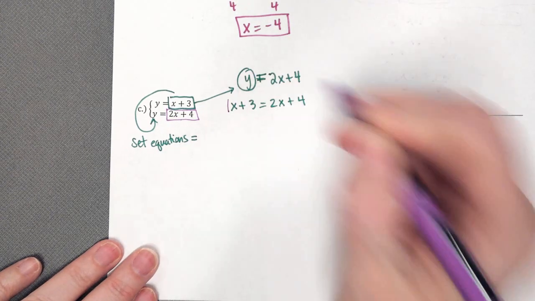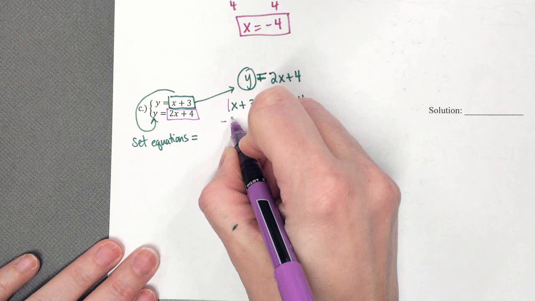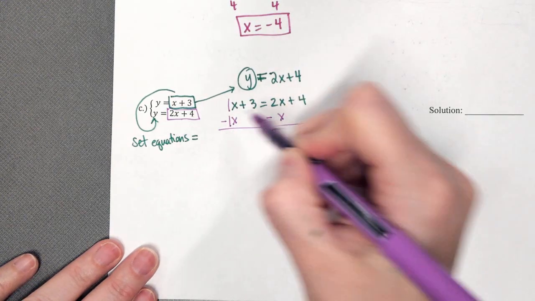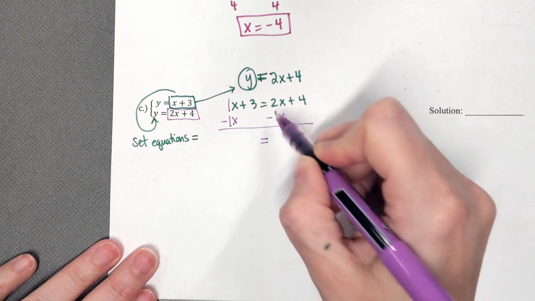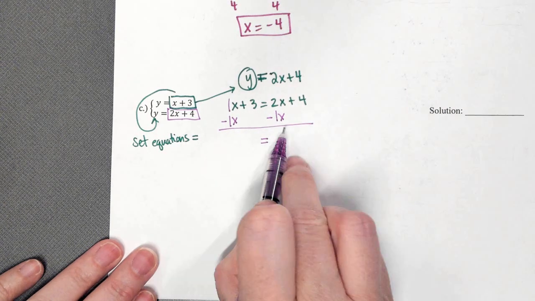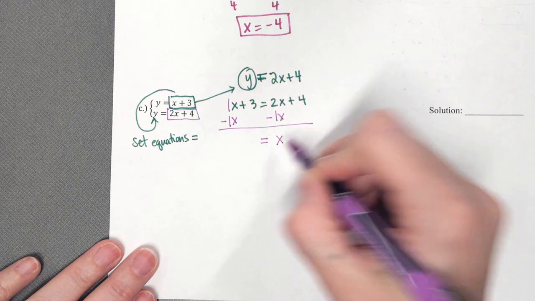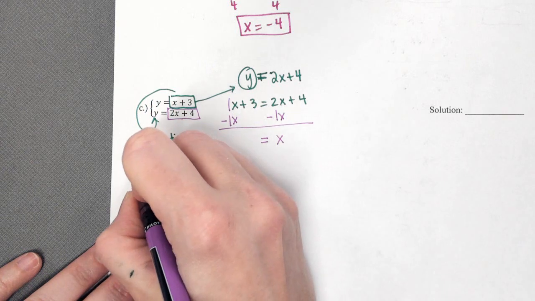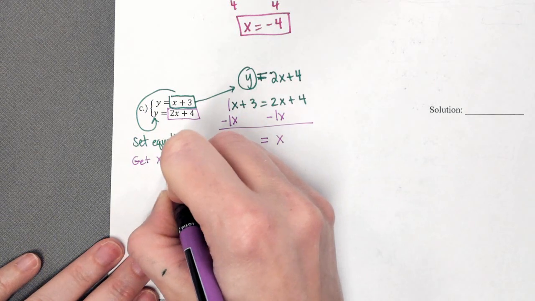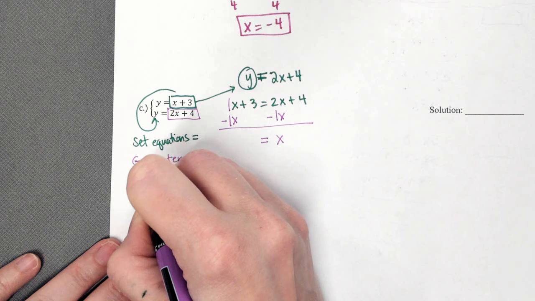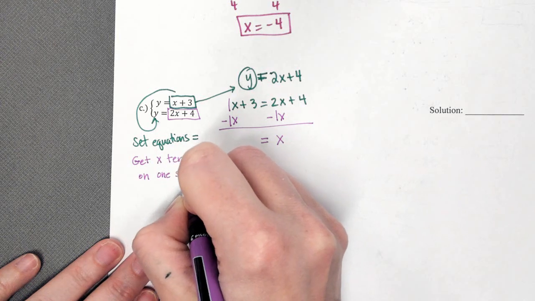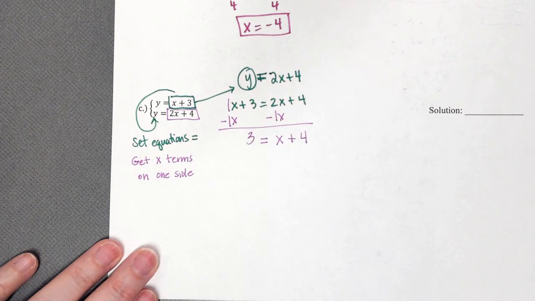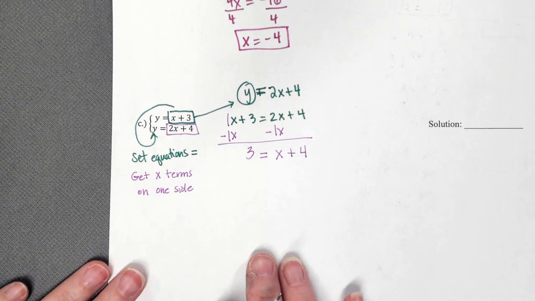But we know this number here is a 1, and then if you're subtracting 1x from both sides and you want to keep that number positive, you can move the smaller number to the larger number. Okay, so we're going to get the x terms on one side. And then after you get the x terms on one side, you have to get all the number terms on the other side.